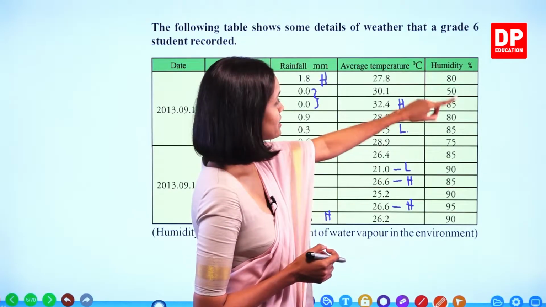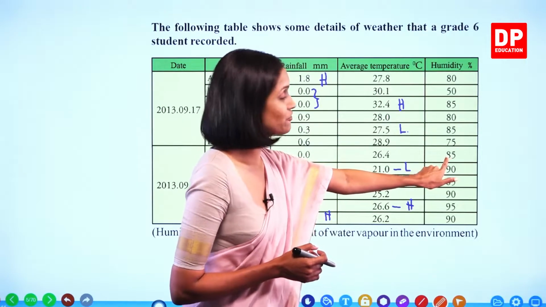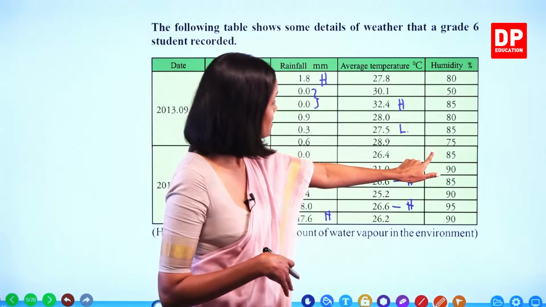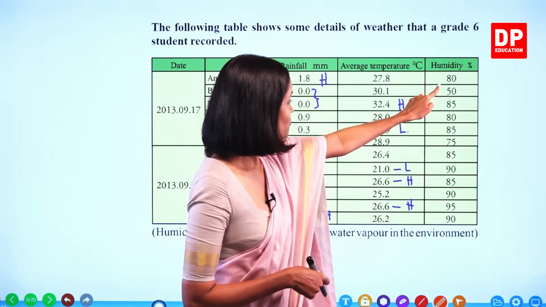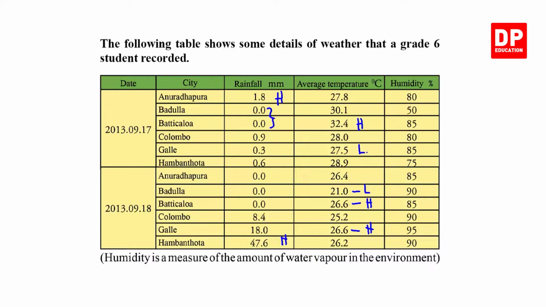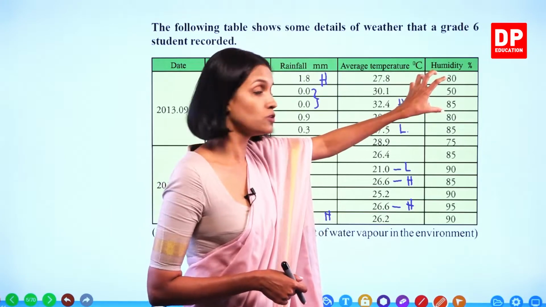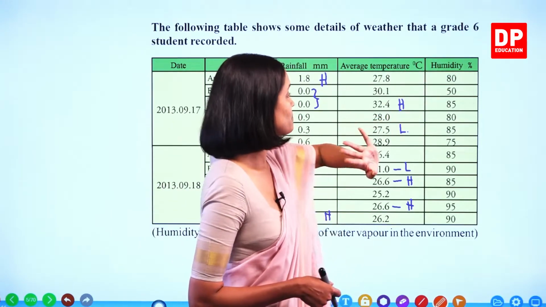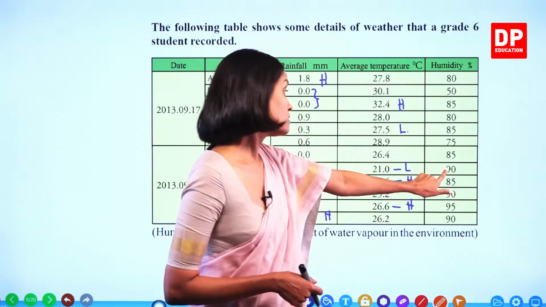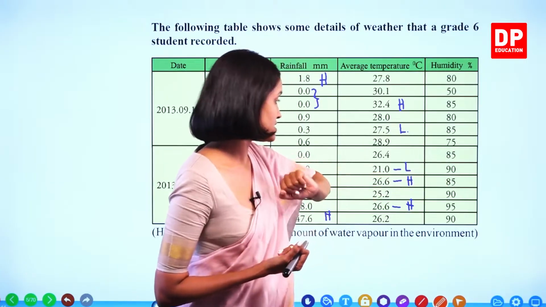Now here Anuradhapura earlier 80%, here 85%, more water vapor than the first day. Here 50%, 90%, now here 50%. Compared to the other cities, in the first day, Badulla has the lowest humidity, lowest amount of water vapor in the atmosphere, but here it has increased up to 90.